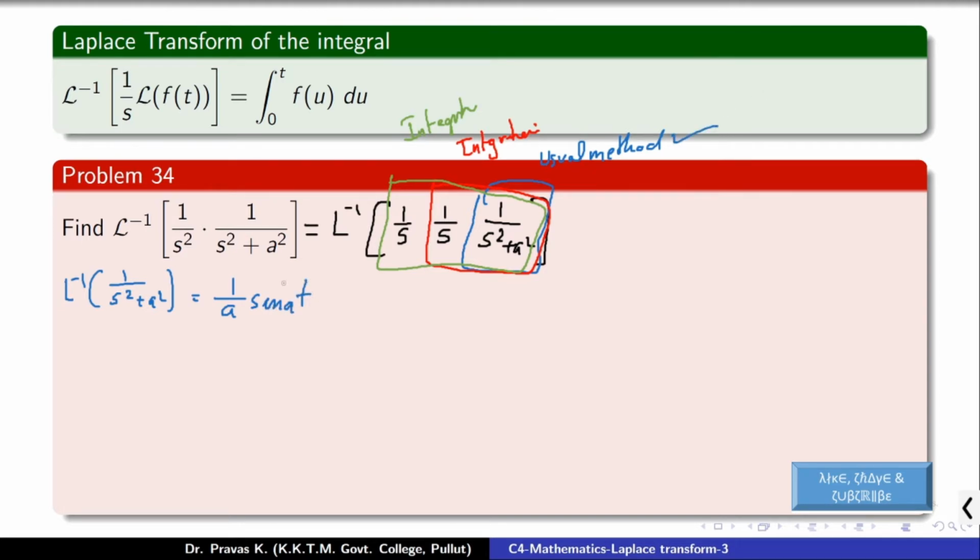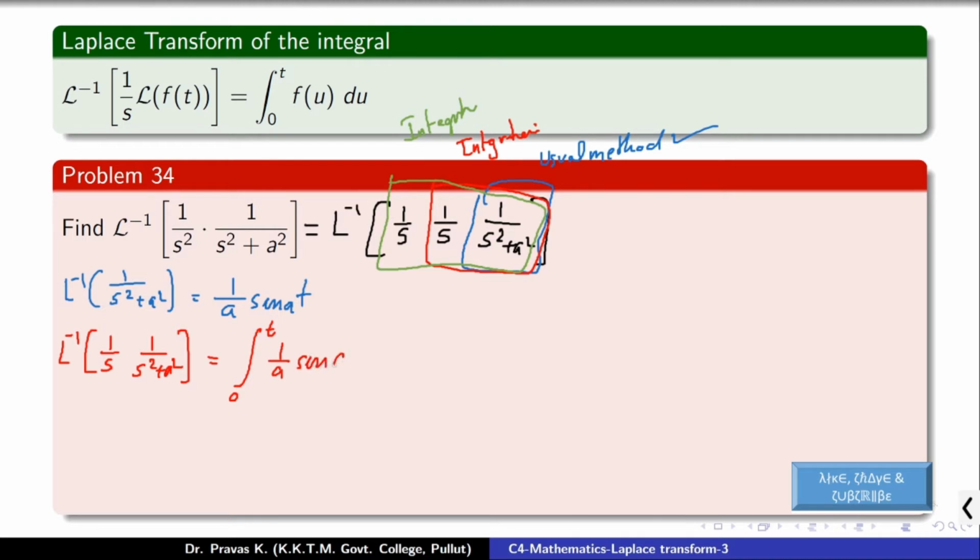Now once you get this, you can obtain the inverse Laplace transform of 1 by s times 1 by s square plus a square by just integrating this answer, that is, the integral from 0 to t of 1 by a times sin a t, but instead of t we put u as the variable.